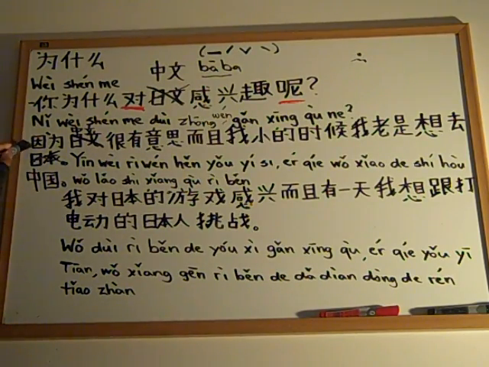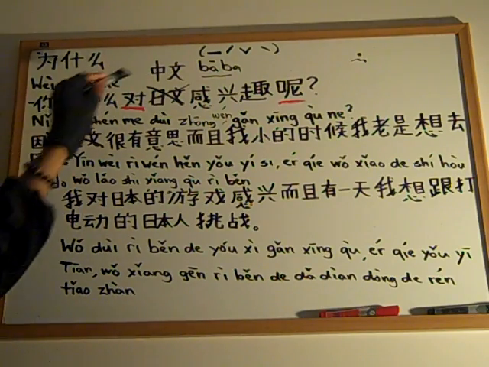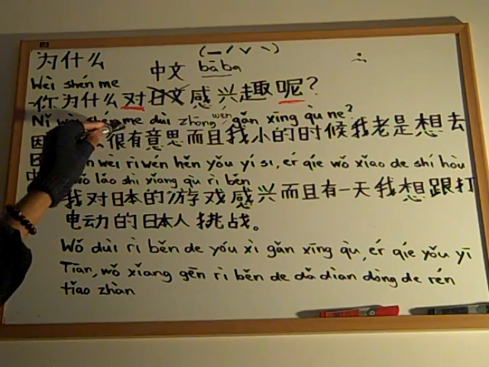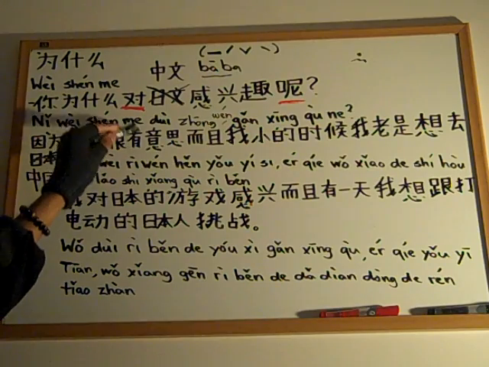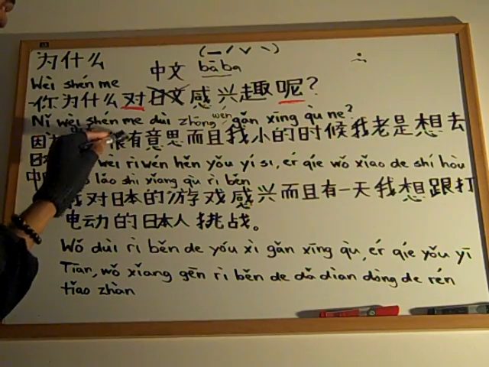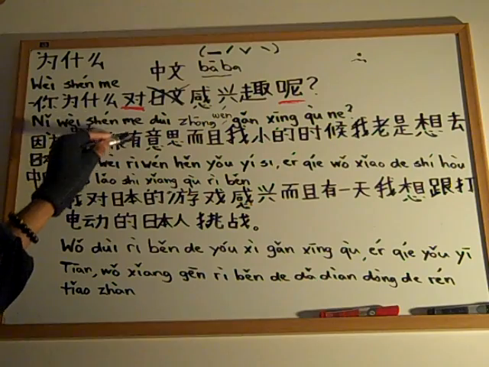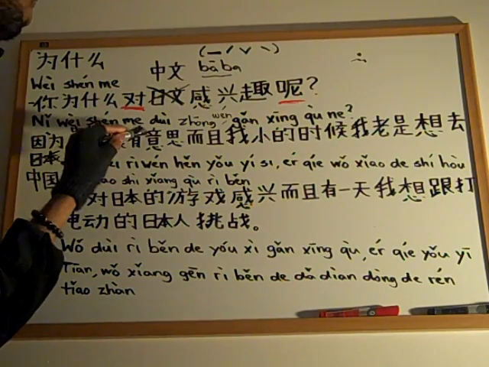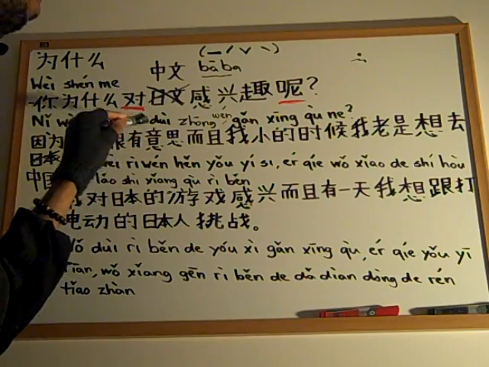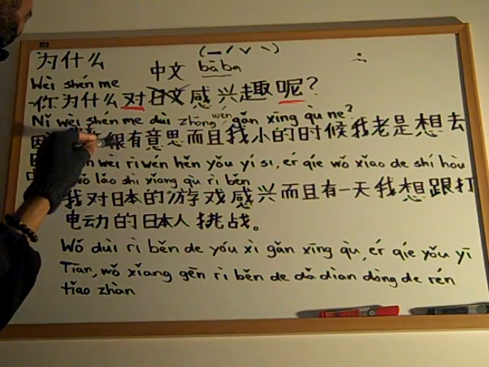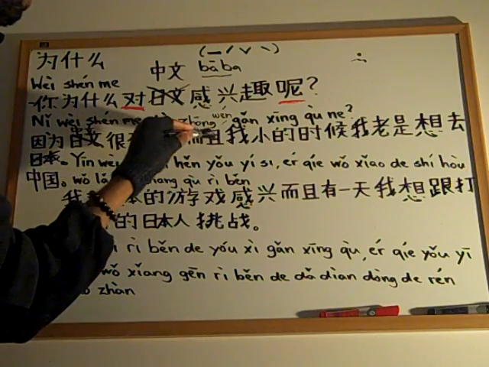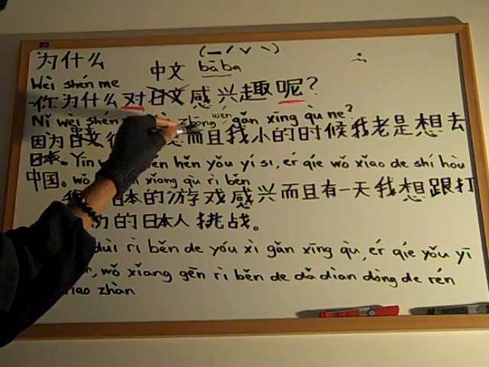So 因为 is because, 因为中文 Chinese because Chinese, 很 that means very, 有 this 有 means is. Remember in the Japanese when we said this meant like the aru arimasu, this is the kanji for that. This means have. So 很有意思 means meaning. So it very has meaning. 而且 that means and.